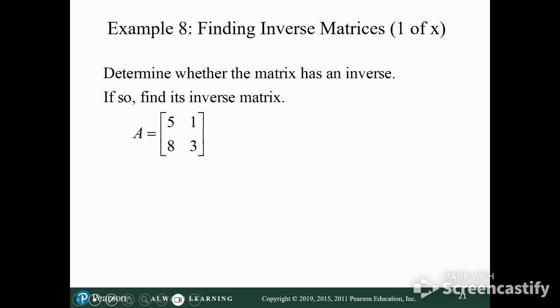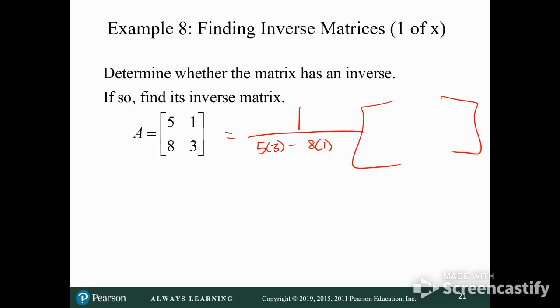All right, so the inverse of this matrix equals 1 over 5 times 3 minus 8 times 1. We flip around the 5 and the 3, and then we go opposites of the other two. So this is 15 minus 8.